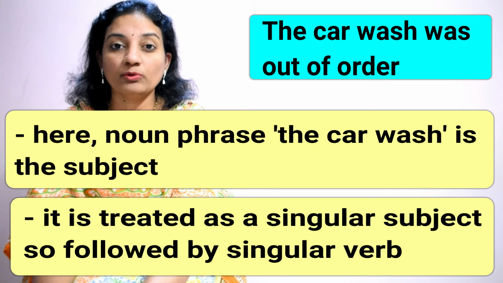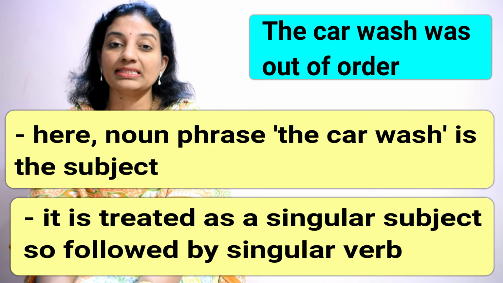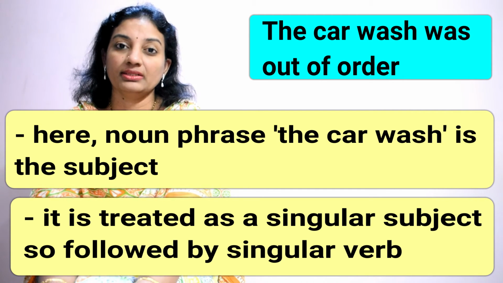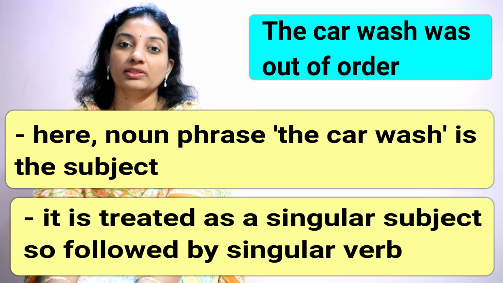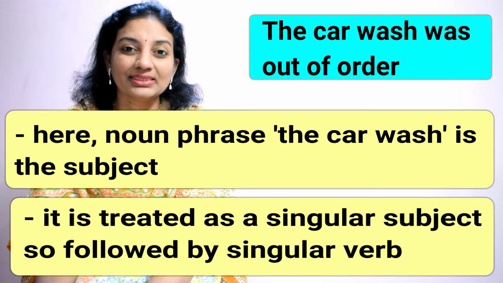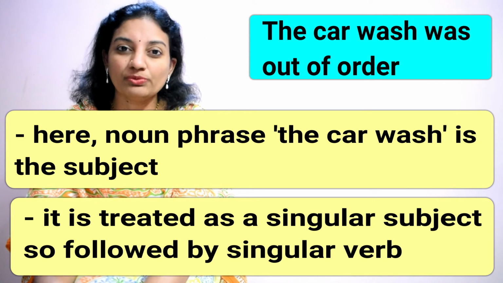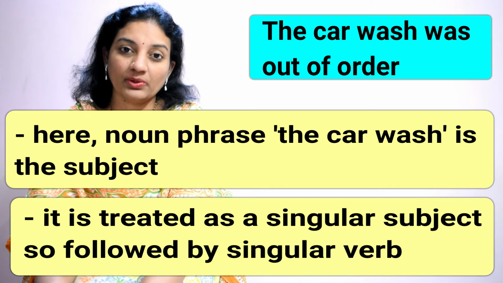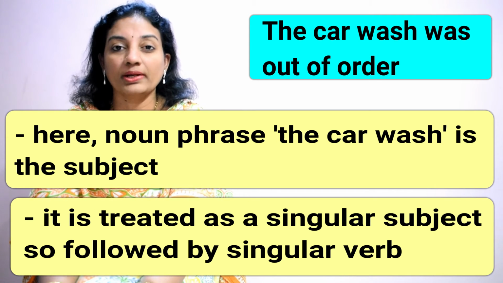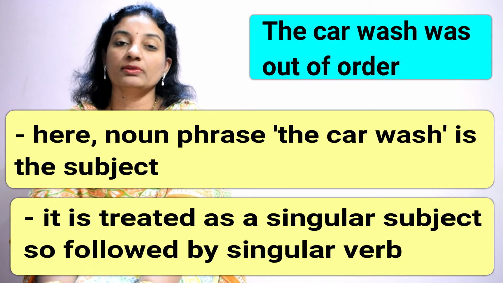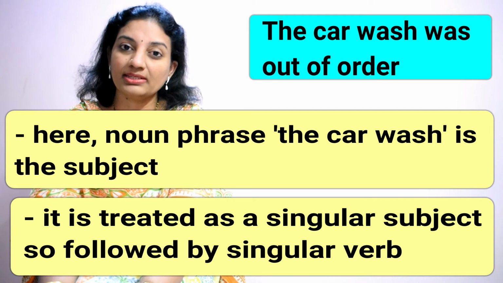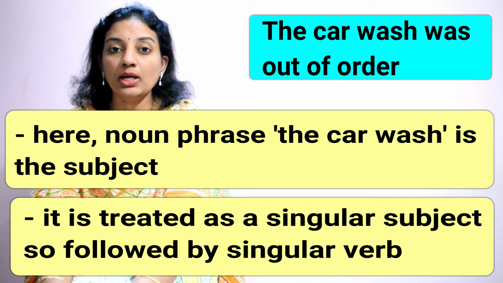Actually, the car wash is considered the subject over here. What is meant by car wash? The equipment that is used for washing cars. It was out of order. It is considered a singular subject followed by a singular verb.